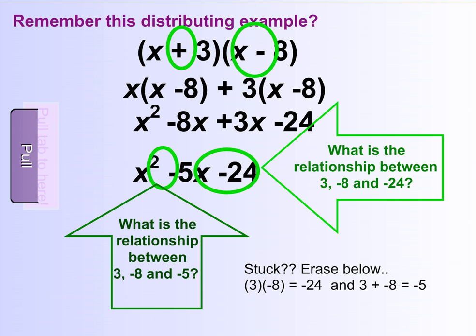Alright, so if you were stuck, we've erased a little hint for you below here. So 3 times negative 8 gives you negative 24. And then this relationship over here with 3, negative 8, and negative 5, 3 plus negative 8 is going to give you negative 5.